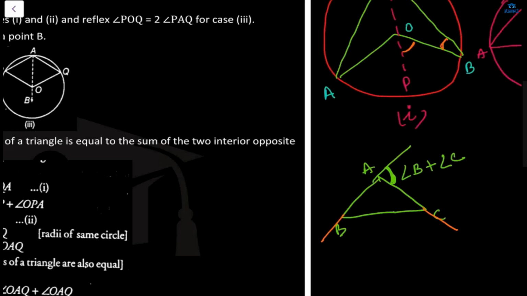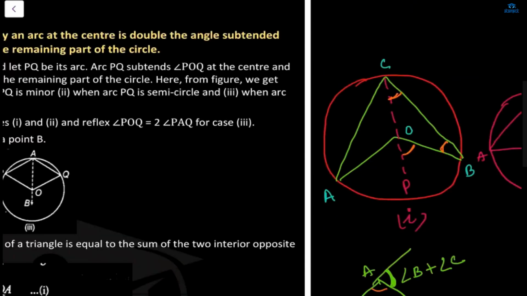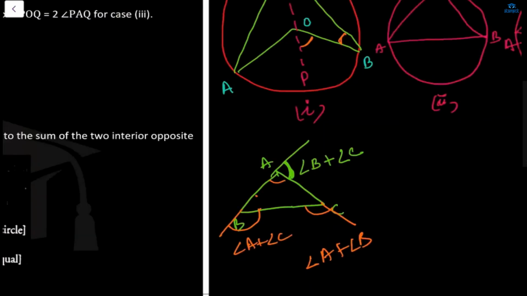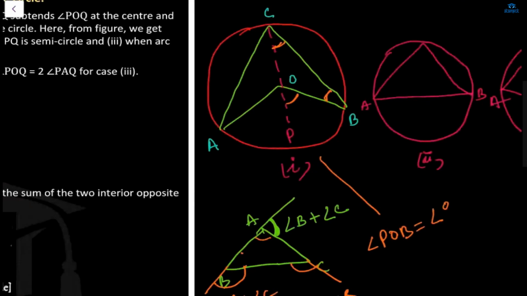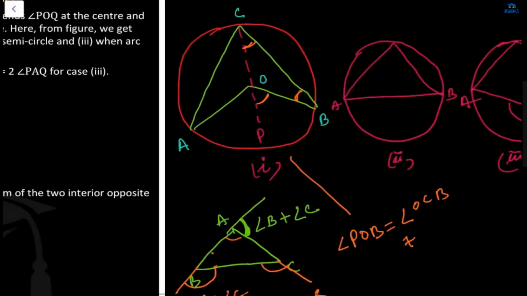If you are talking about this exterior angle, then its opposite interior angles will be A and C, so it is angle A plus angle C. If you talk about this angle, it will be angle A plus angle B. So an exterior angle is equal to the sum of the two interior opposite angles. In the same way, in this figure, angle POB is equal to angle OCB plus angle OBC.